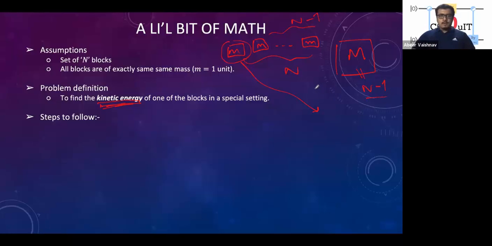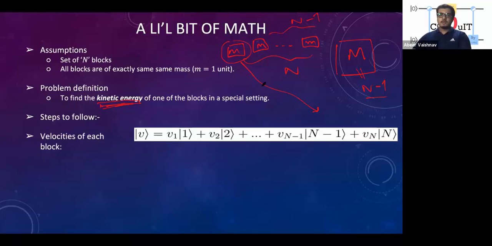We also consider that each of these blocks has some particular velocity with which it is traveling in some particular direction. So the velocity of each block is something like this. This I have written in Dirac notation, but as we know, the Qiskit notation is just a vector in Hilbert space.